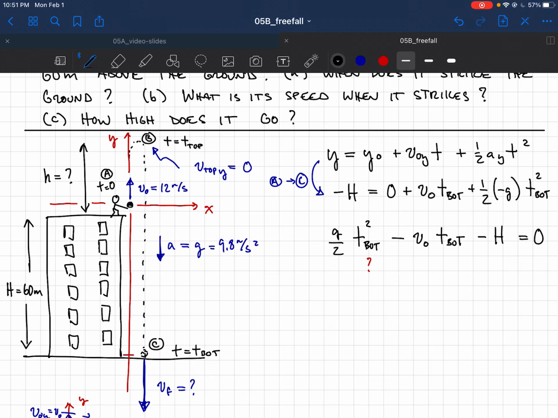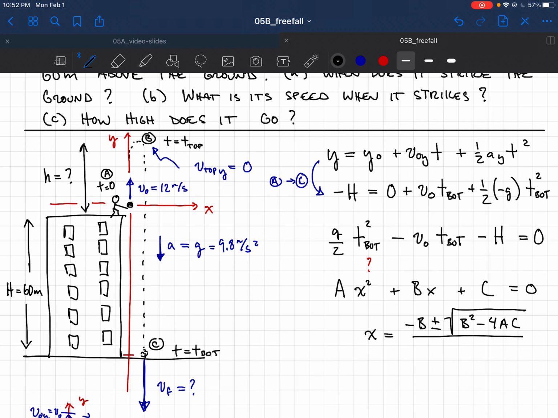Remember, the quadratic equation is ax squared plus bx plus c equals 0, with a solution of x equal to the opposite of b plus or minus the square root of b squared minus 4ac, all over 2a. Remember that? So that's how you solve a quadratic equation.